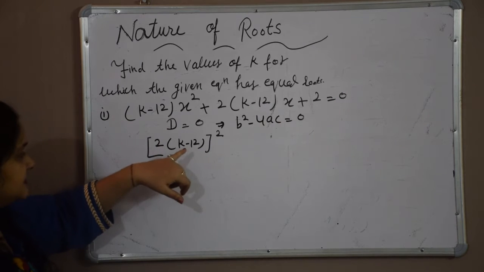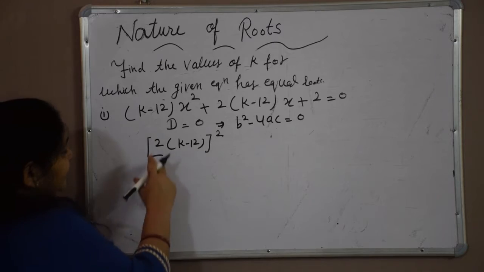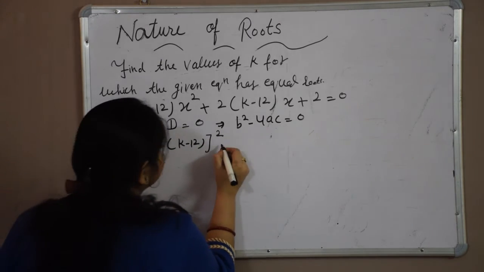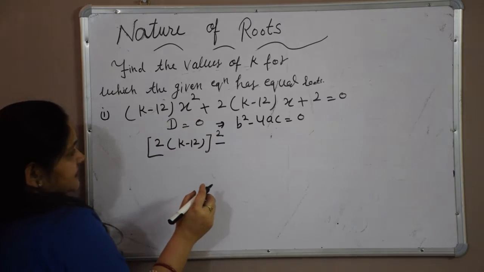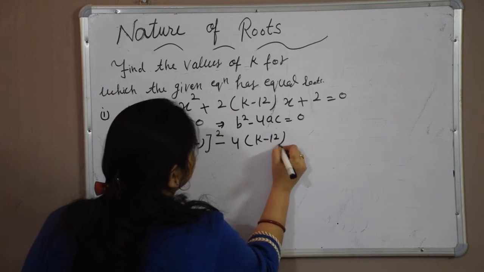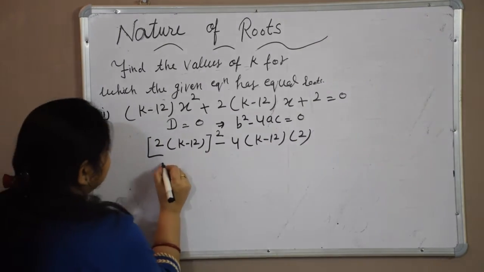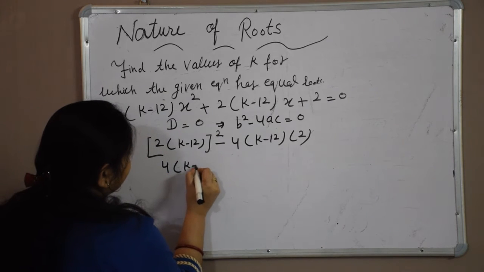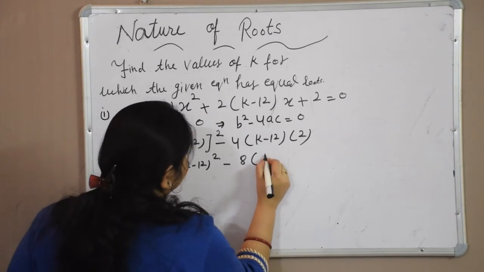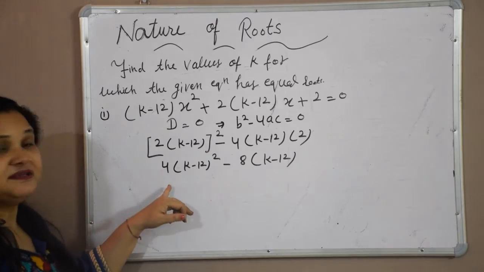It is already a product of two numbers, but don't worry, we can easily find the square of this number also. 2 into (k minus 12) whole square minus 4ac, 4 into (k minus 12) into 2. Now it will become 2 twos are 4, (k minus 12) whole square minus 4 twos are 8, (k minus 12).